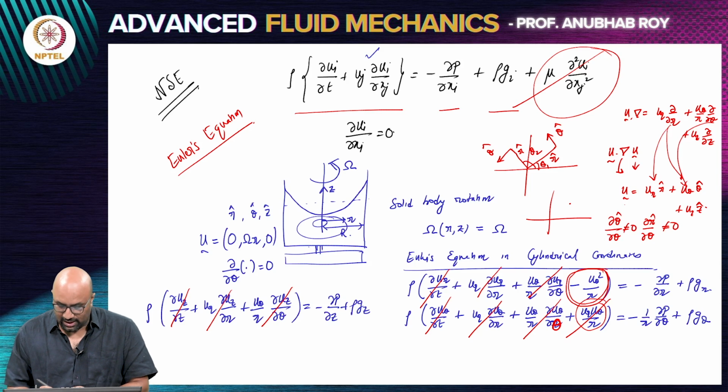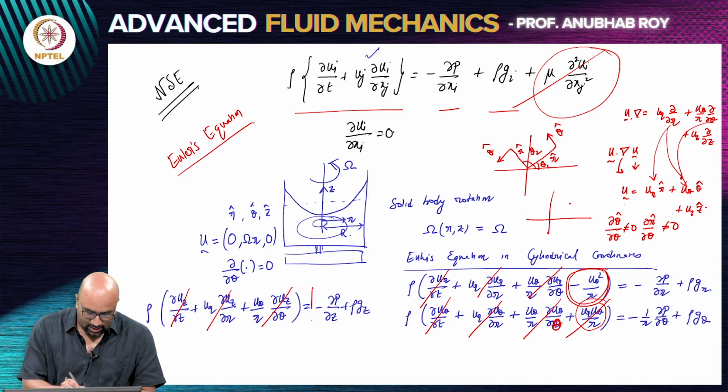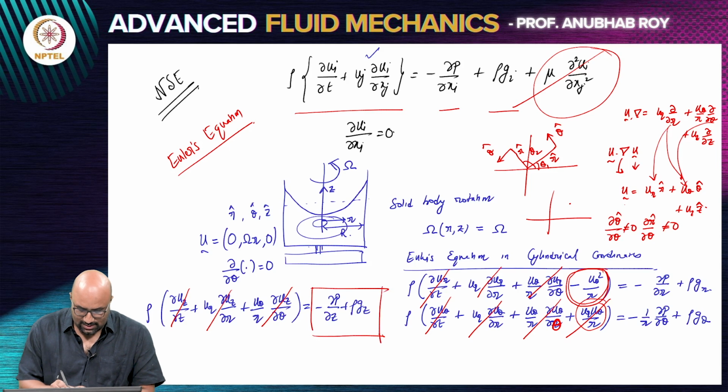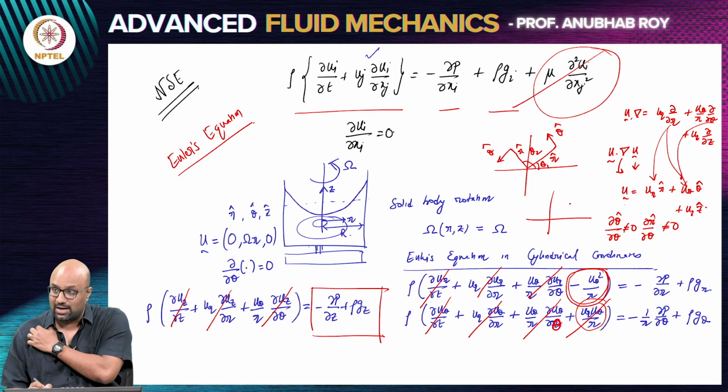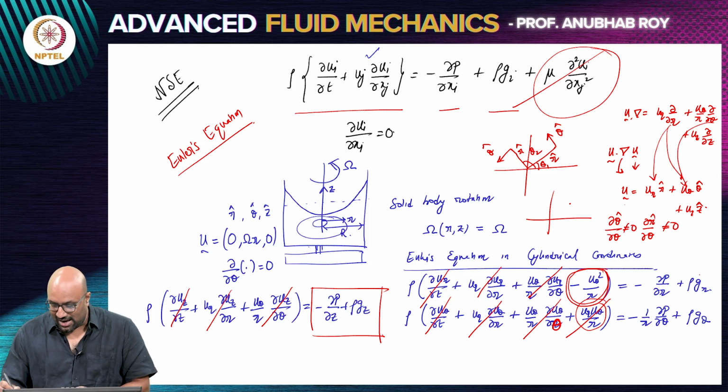So finally you are left with an equation where you have a balance in the vertical direction between pressure and gravity. Now the body force is absent in the radial and theta directions, because we are only interested in the body force being due to gravity.